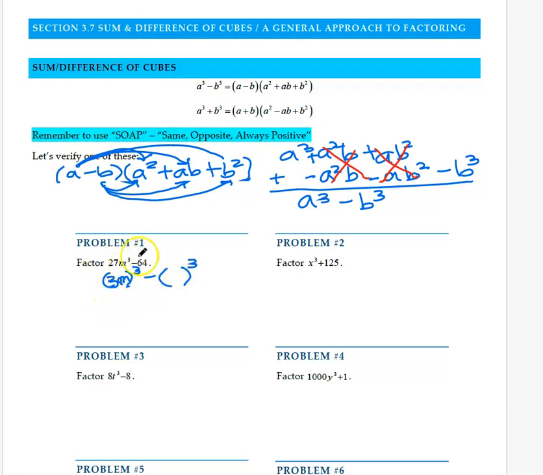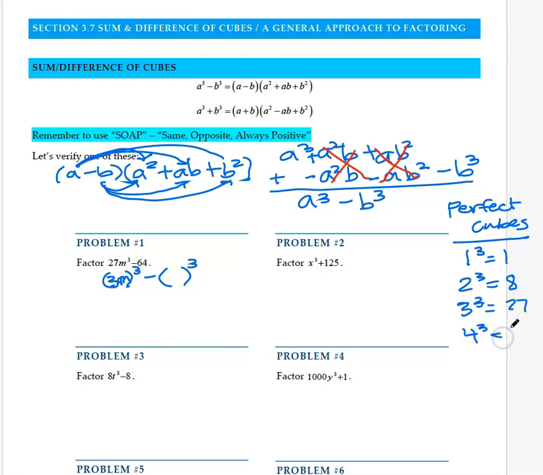All right, and then 64. It's good to make sure that you know some of your perfect cubes. So some of the perfect cubes would be 1 cubed is 1, 2 cubed is 8, 3 cubed is 27, 4 cubed is 64, and 5 cubed is 125.